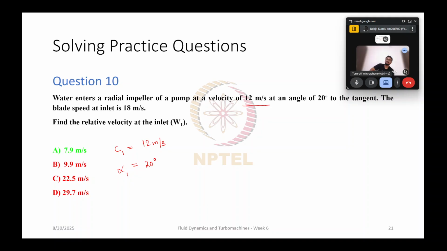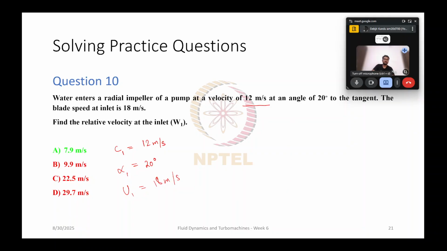That's the angle made by the absolute velocity with the tangential velocity. And the blade speed at the inlet is 18 meters per second. So U1 is 18 meters per second.